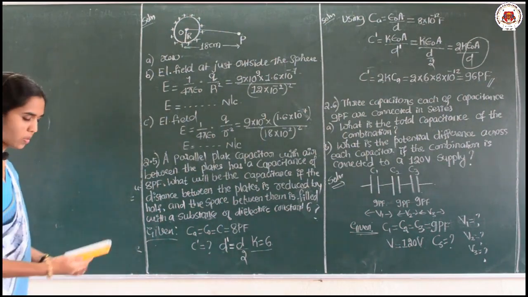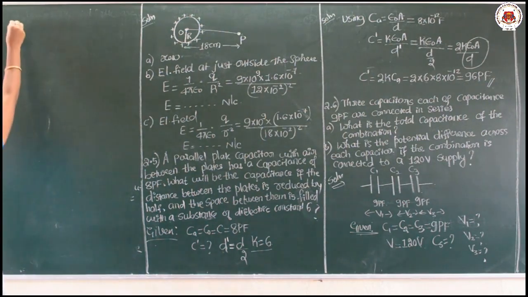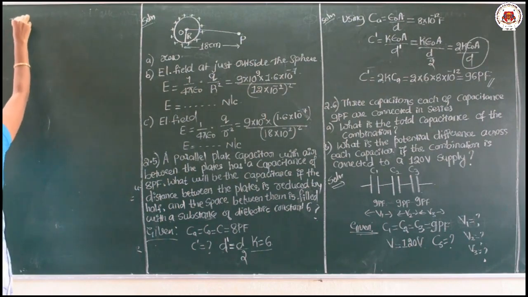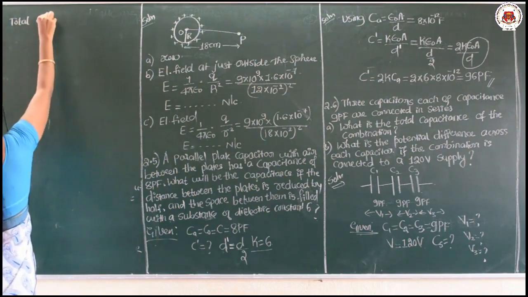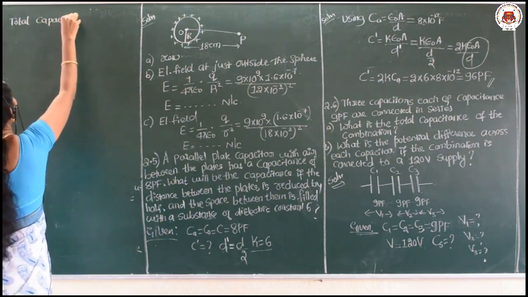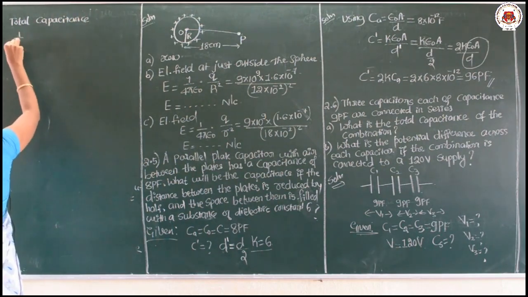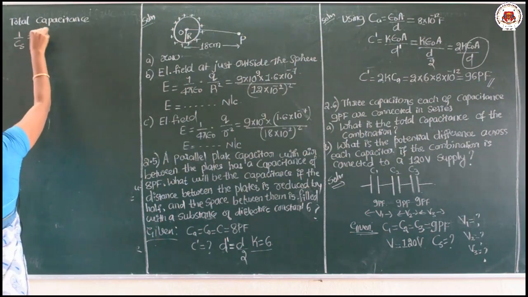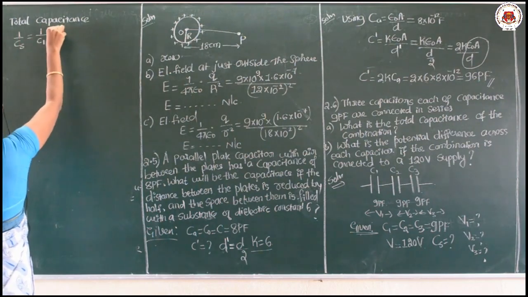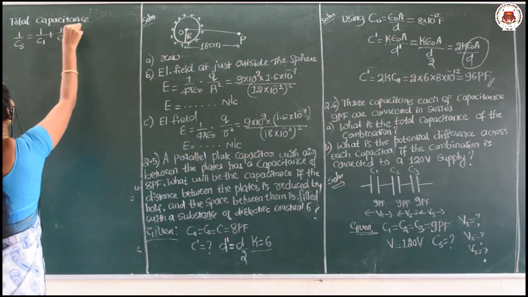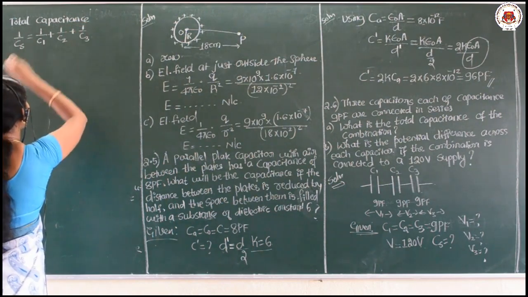Yes, what is the formula? The total capacitance: 1 upon Cs is equal to 1 upon C1 plus 1 upon C2 plus 1 upon C3.